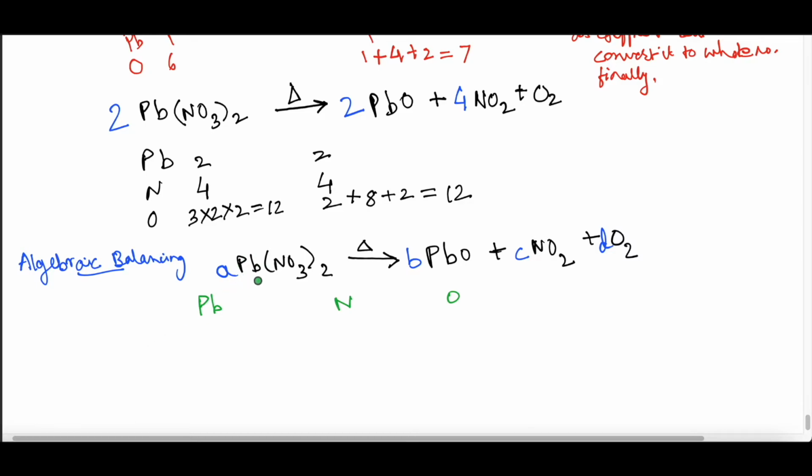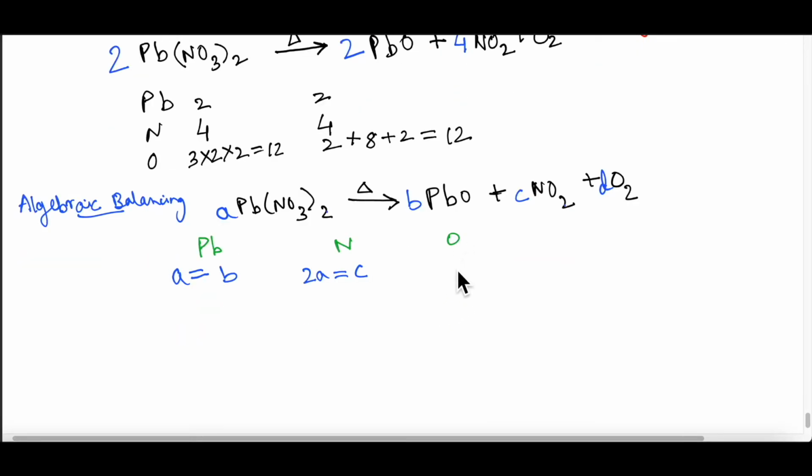So for lead we have 1 times A on the reactant side is equal to 1 times B on the product side. Then move on to another element, nitrogen. Here we have 2 times A, that is 2A, is equal to 1 times C. So 2A is equal to C. Now move on to oxygen.